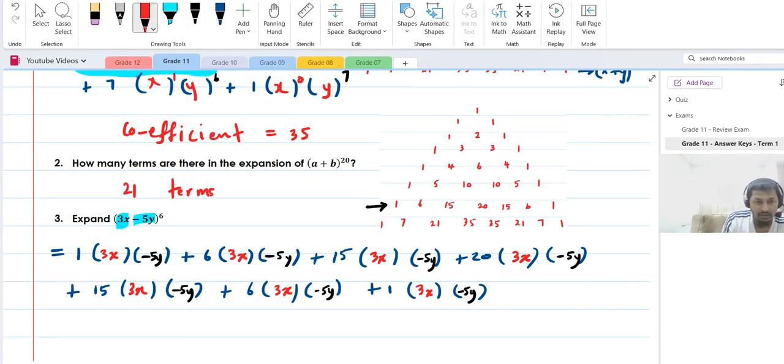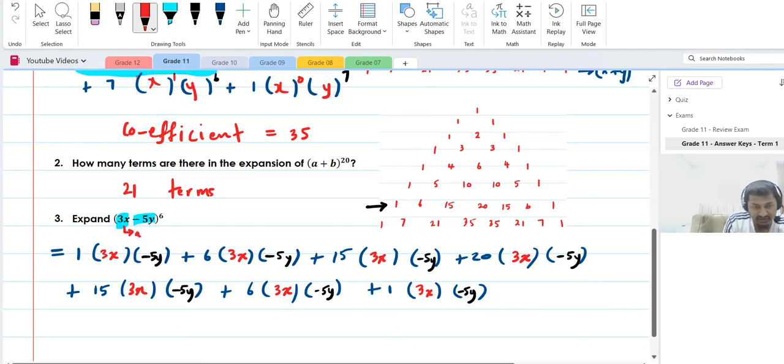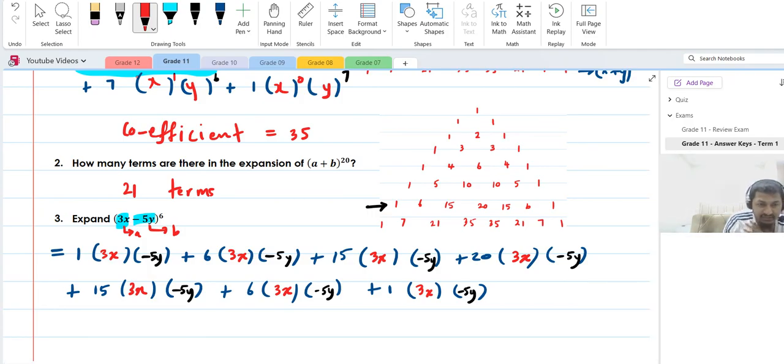Now for the powers of a, in this case this was your a and this was your b value. So we are kind of expanding a plus b to the power 6. So the powers of a, you start counting from 6 down. So what we will have here is 6, 5, 4, 3, 2, 1, 0.